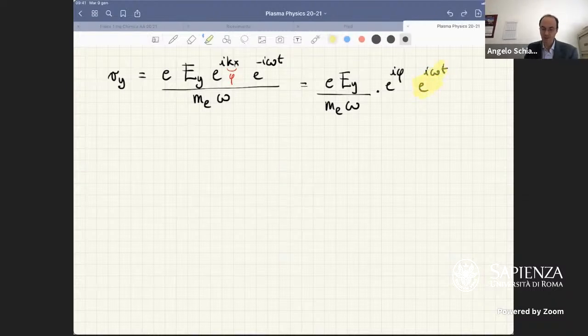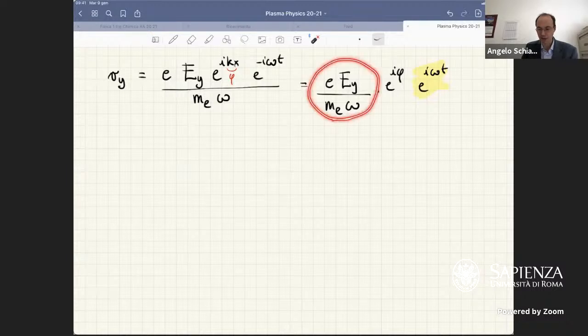What this equation is telling us is that we found the solution that when the electron is hit by an electromagnetic wave, by a light wave, it starts oscillating up and down in the direction of the electric field. The amplitude of velocity oscillation is this one here.